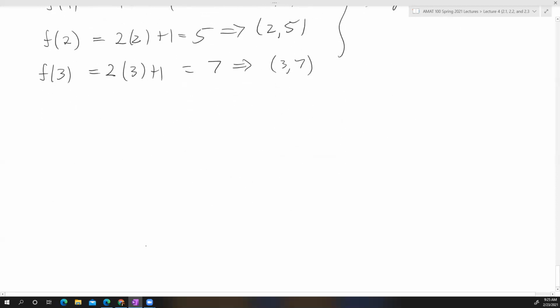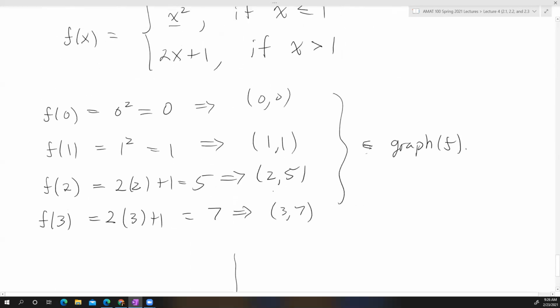And if you use these points, I'm not going to be precise, I'm just going to sketch the graph. The graph will look something like the following. So we have this breakpoint at 1.